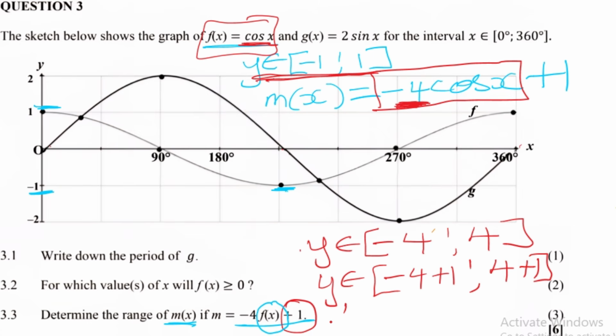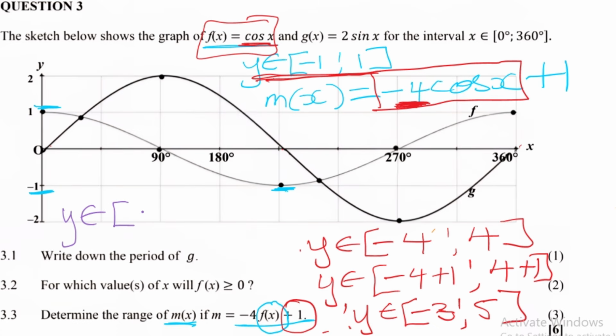Therefore, when you say -4 plus 1, that gives you -3, and when you say 4 plus 1, that gives you 5. The range now should be y is an element of -3 to 5. That becomes your answer right there. Thank you guys. Thank you for your time. Take care. Bye.